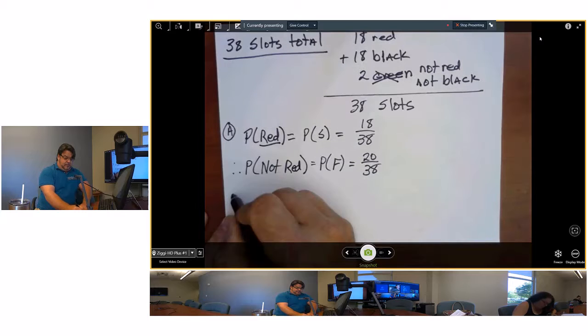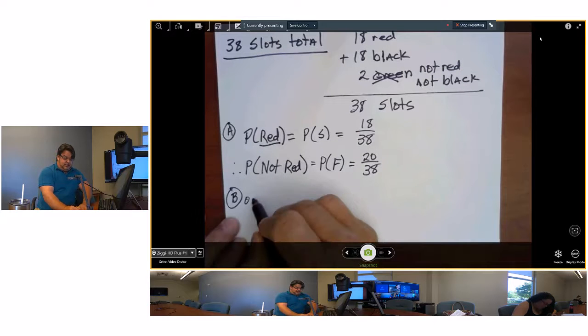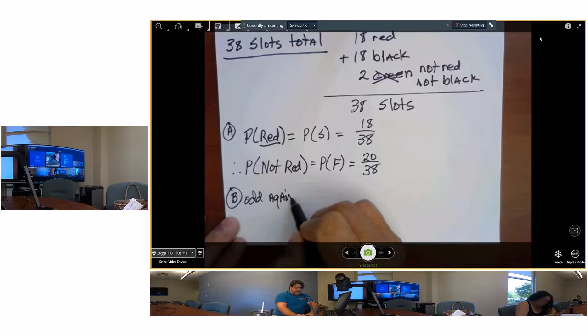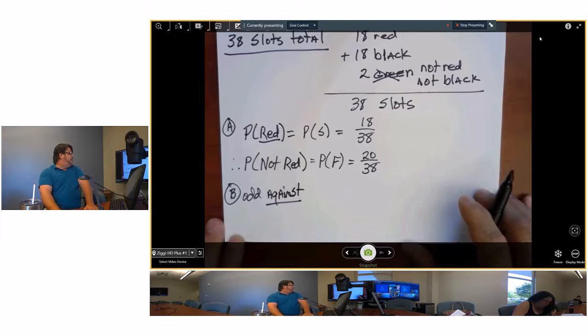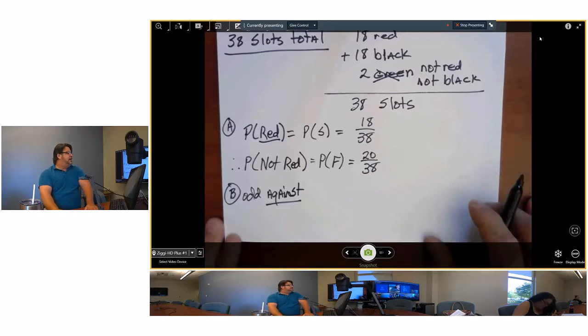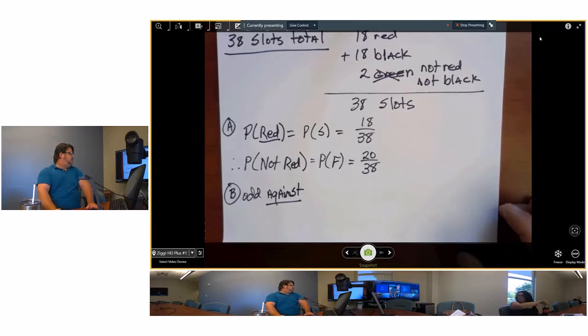B. Odds against. Now, why do we always want the odds against? Because the odds against is what drives the gambling ring. Okay? You can't have a gambling ring if you do odds in favor.